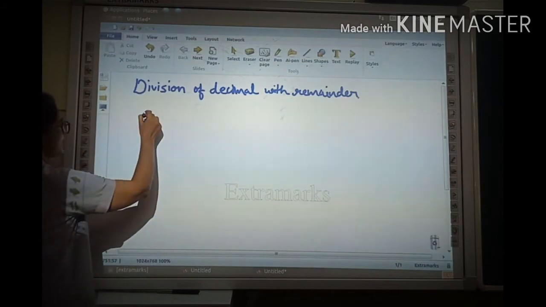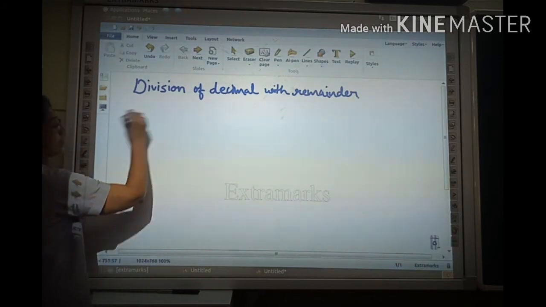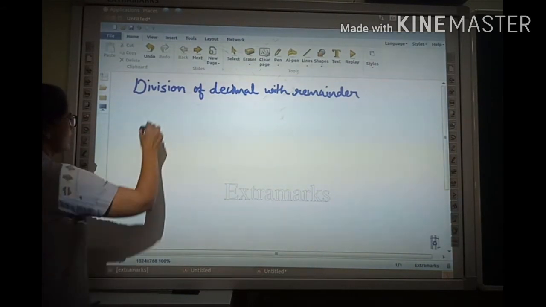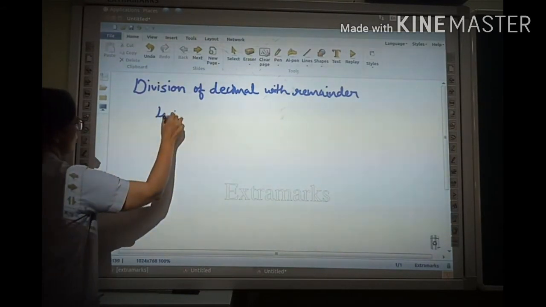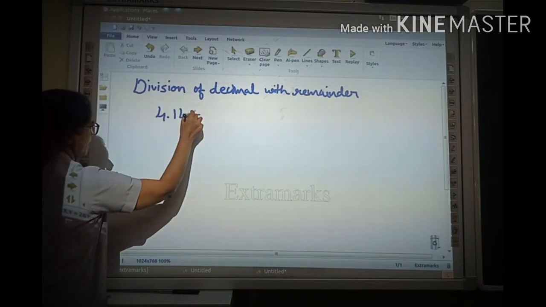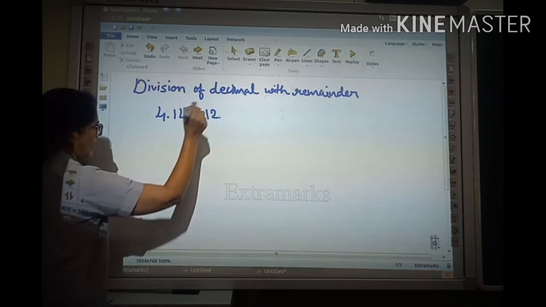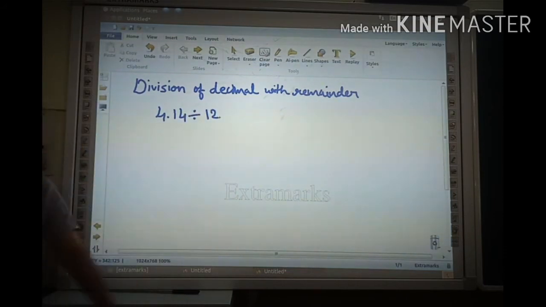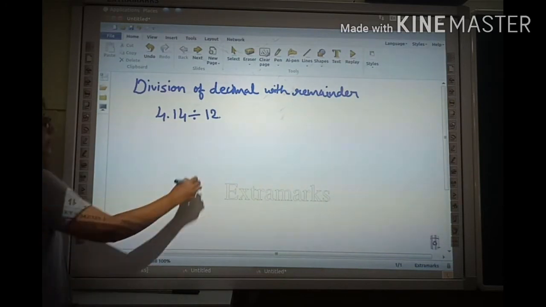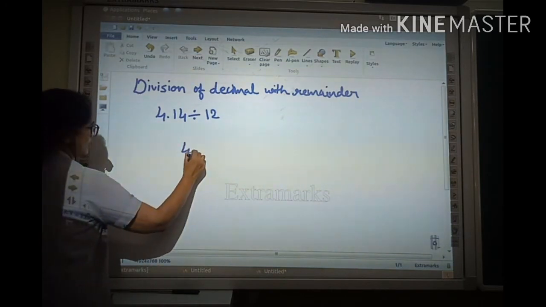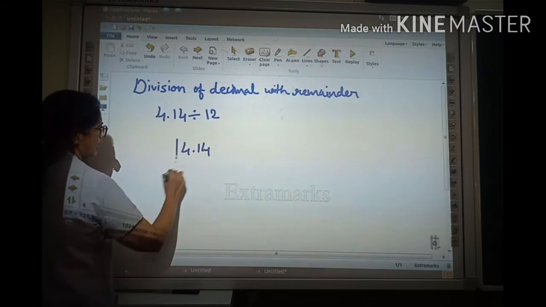So one example here I am taking, that is 4.14 divided by 12. 12 is the whole number. Now if I divide here, look at it carefully, huh?